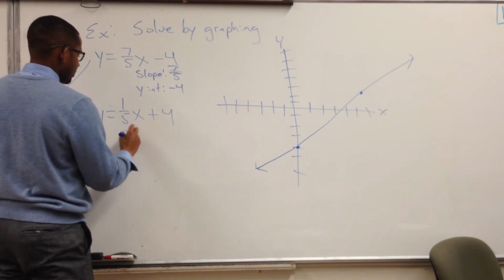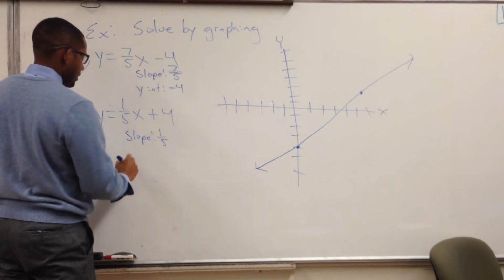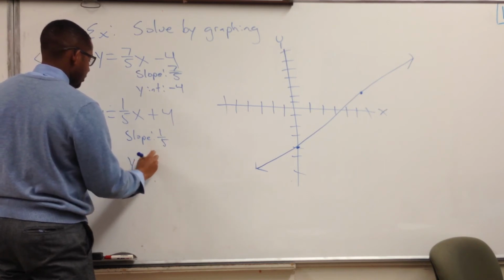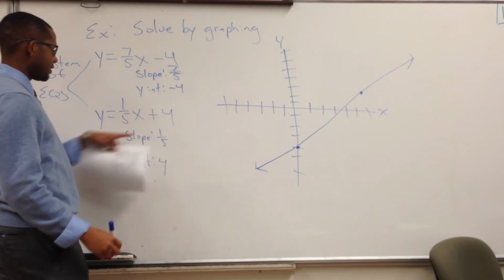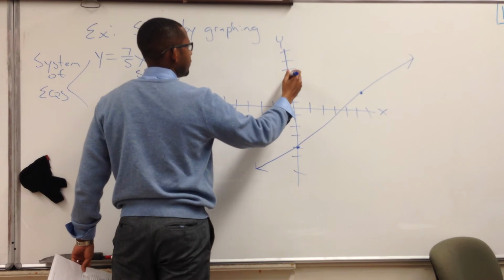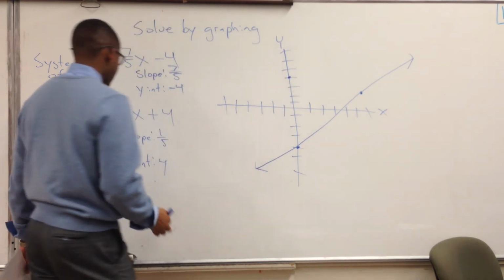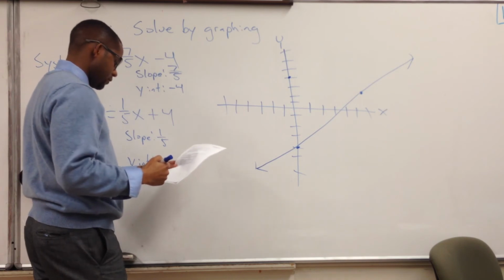Let me do my slope of this one says 1/5. My y-intercept here is 4. So let me go ahead to start to graph this line now. Let me go to 4 on the y-axis. 1, 2, 3, 4. And let me count my slope, which is 1/5.